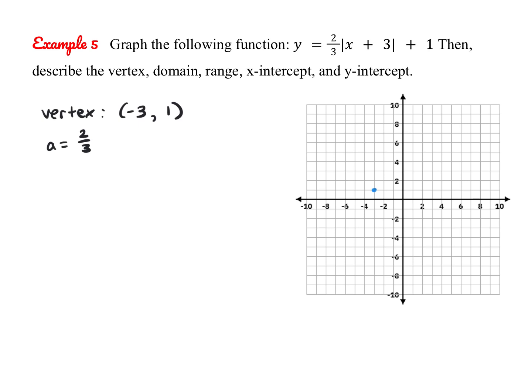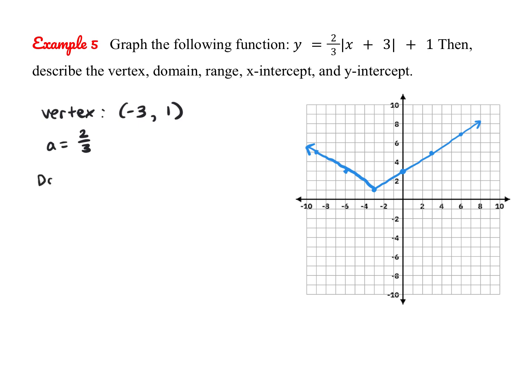And then I follow the slope of 2/3 to the right. So up 2, right 3, up 2, right 3, up 2, right 3. And then I'm going to do the opposite going to the left. So up 2, left 3, and it makes that nice V-shaped graph that is symmetrical about the vertex. So these slopes will always be opposite.